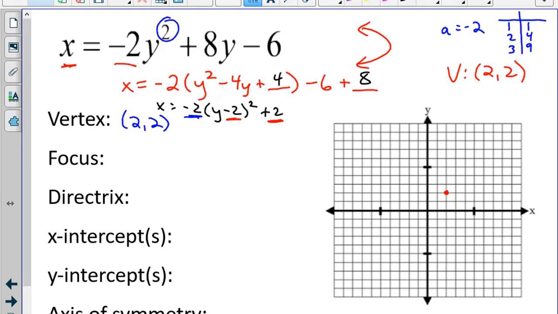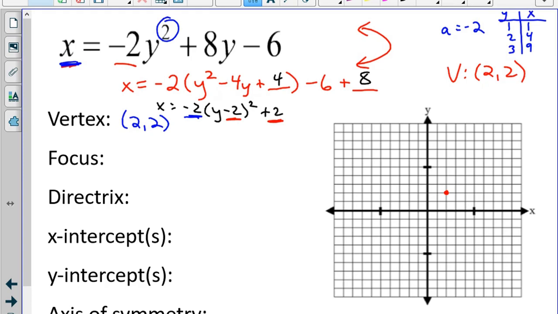But in this case, since this is an x equals graph, it's not over 1, up 1, over 2, up 4. I'm actually going up 1, over 1, up 2, over 4, up 3, over 9. So in this case these are the y's and these are the x's, because this is an x equals graph.